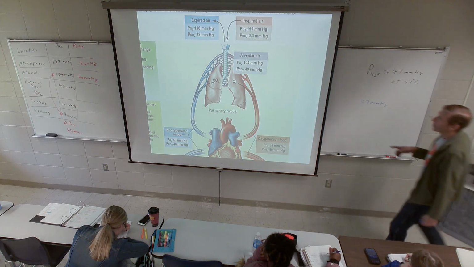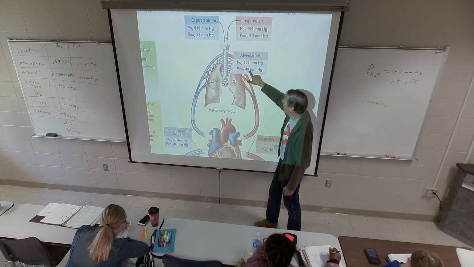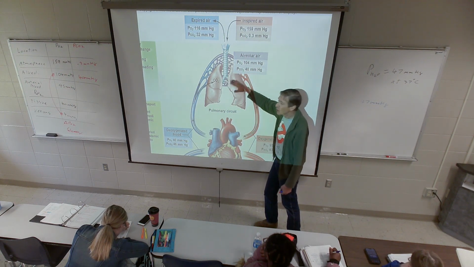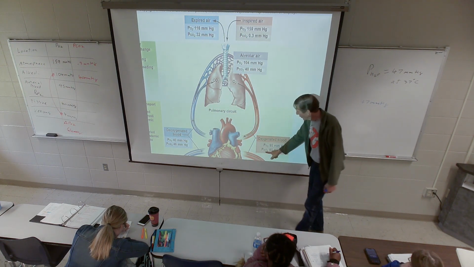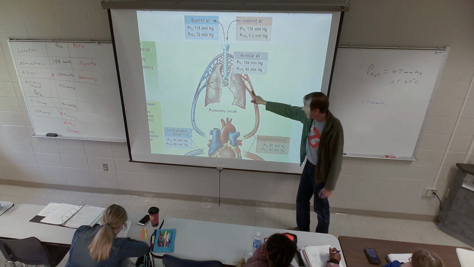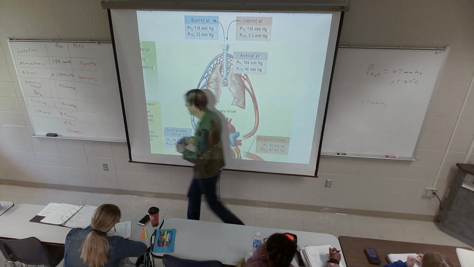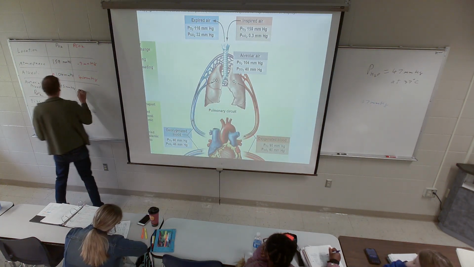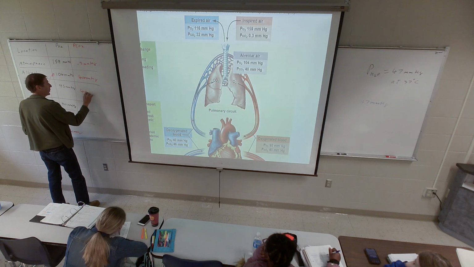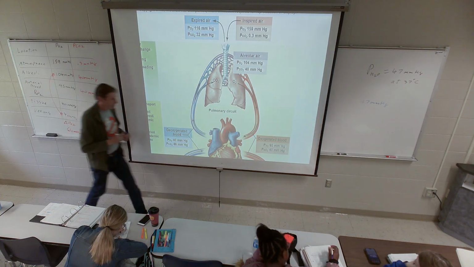Let's run through the rest real quick. So the partial pressure of carbon dioxide in your alveoli is 40. As the blood moves through it, it reaches equilibrium. So if you look at the partial pressure of CO2 as the blood leaves your pulmonary capillaries, so that's the pulmonary veins or systemic arteries, there's really no change in the arterial blood. If you took a sample, 40 millimeters of mercury.